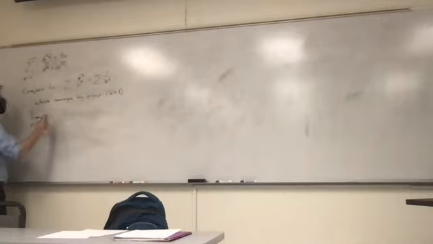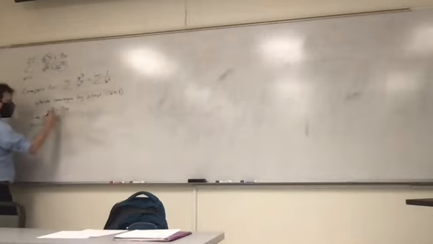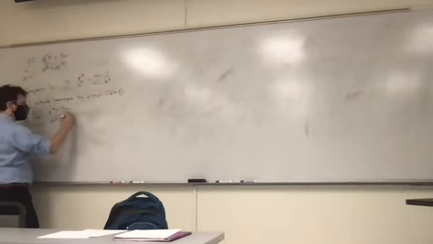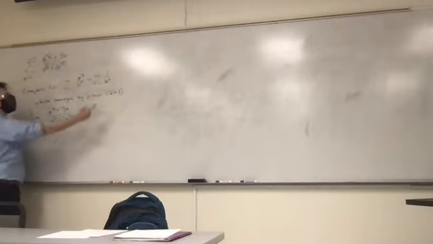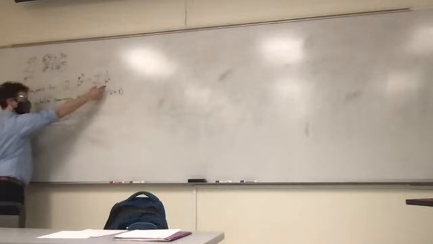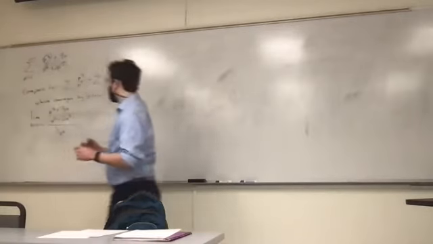Limit as n goes to infinity, this big thing, n cubed plus 3n over n to the 4th plus 2n to the 5th. And this whole thing is divided by this sequence, 1 over n squared.